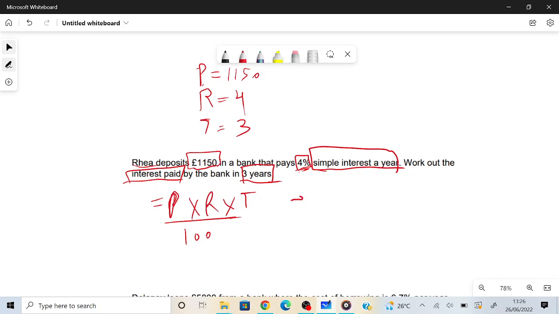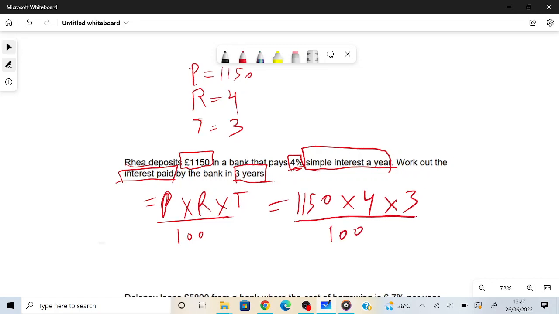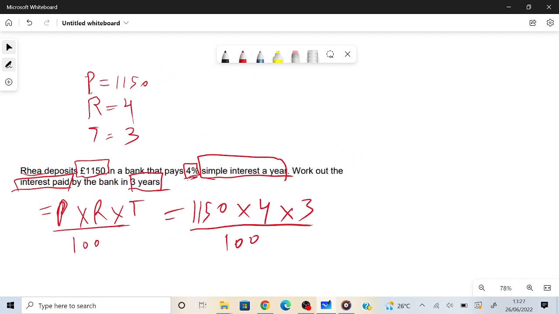So substituting your values, we will now have our P is 1150 times our R, which is 4, times our T, which is 3, and all of this over 100. So doing this, 1150 times 4 is 4600, and times 3, that should be 13,800.